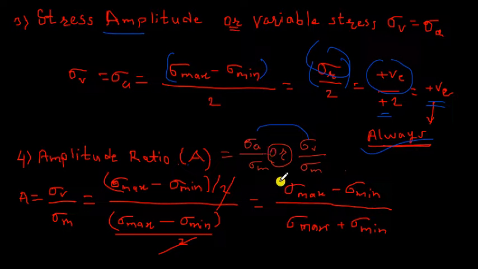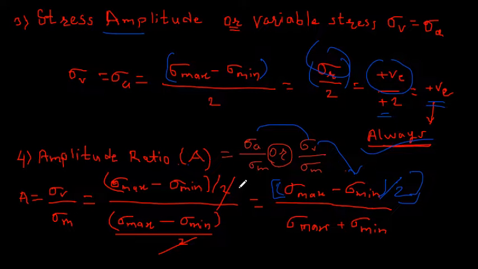Alright, so we can write it like this. Here I have written sigma max minus sigma min by 2, which is nothing but the value of sigma v or sigma a. By dividing, we get sigma max minus sigma min divided by sigma max plus sigma min. By putting the values of sigma v and sigma m, we have got this relation.